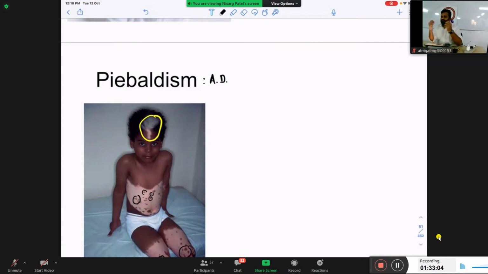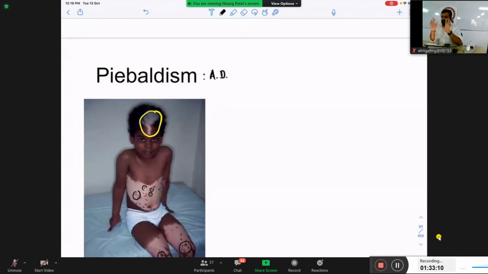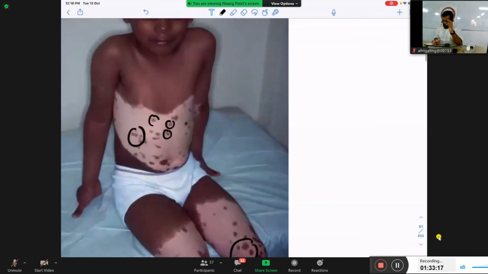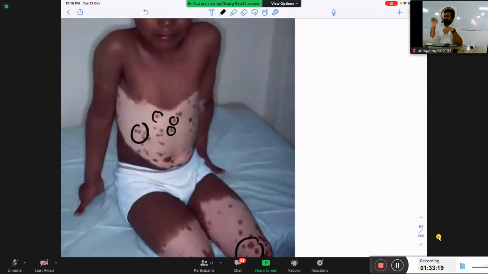Similarly, in piebaldism, in this particular skin area there is permanent no migration of the melanocyte. There are some areas that have melanocytes, but these are not large, just 1 to 2 centimeters. In the larger area, there is no melanocyte. So this is an autosomal dominant defect and a neural crest migration defect.